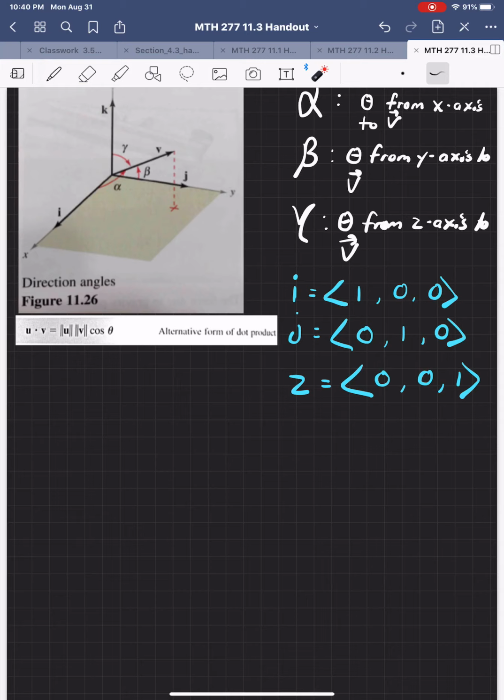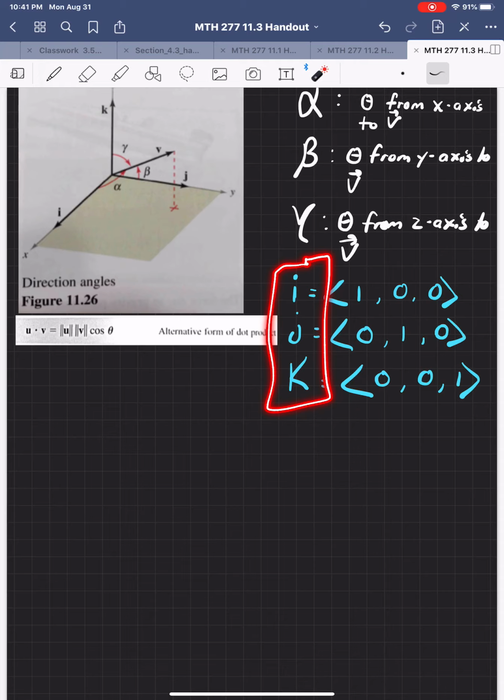So what we do is just quite simply, going back to our alternative form of the dot product, you can see that this formula is built around the vectors u and v. But we've already discussed that the i, j, and, let me write that as k, the i, j, k notation that you're used to when you're discussing vectors in engineering and physics, each of these is itself a vector.